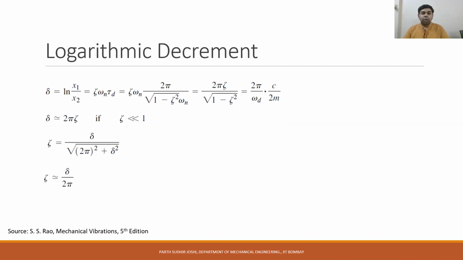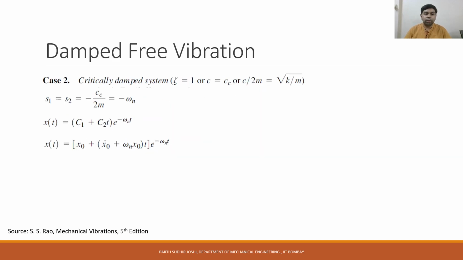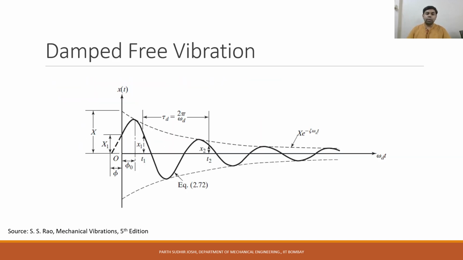Then we have the concept of logarithmic decrement, which is generally more important in the case of underdamped oscillations. As we see, the amplitude keeps fluctuating, but the overall amplitude shows a decaying trend.